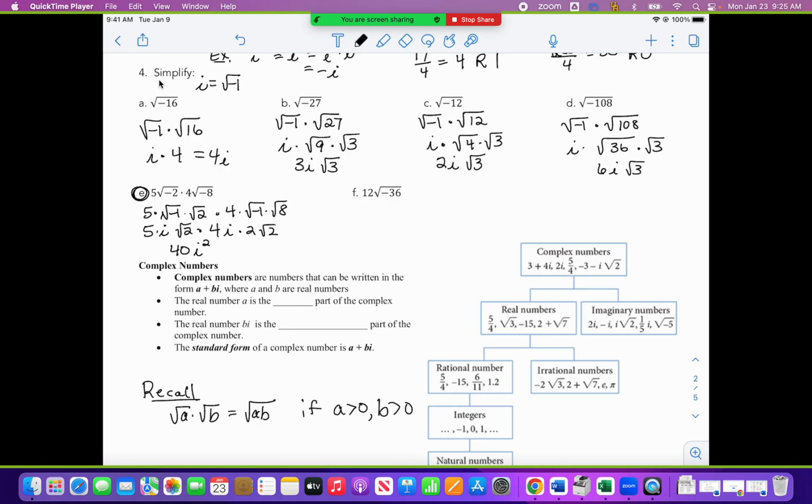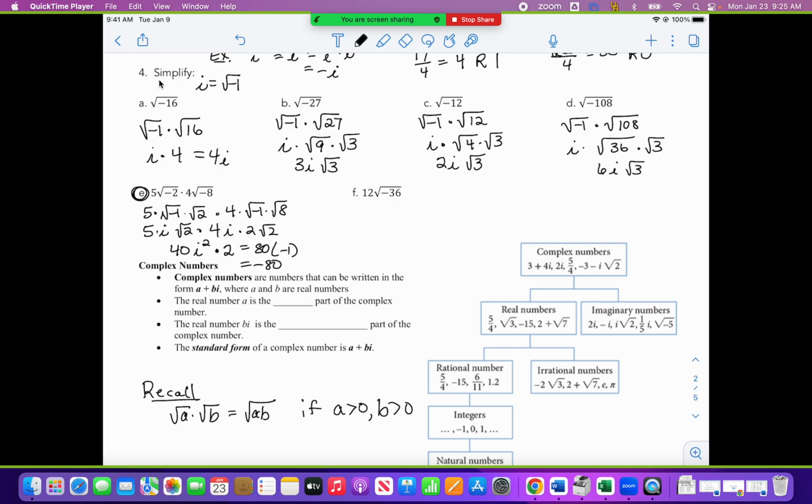And then I have square root 2 times square root 2, isn't that 2? And then, what is i squared? Negative 1. So this is negative 80.